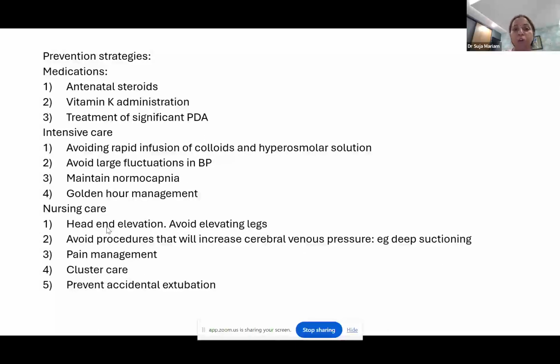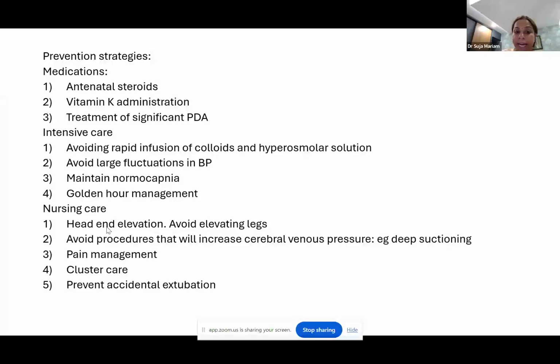This is a short note on the IVH prevention strategies. There are medications which have a proven role, like antenatal steroids, vitamin K, and treatment of significant PDA, not prophylactic PDA treatment. In intensive care, we have to avoid rapid infusion of colloids and hyperosmolar solutions, avoid large fluctuations in BP, maintain normocapnia, and golden hour management, where ventilation, surfactant administration, and UVC insertion all happen within the first 1 hour.